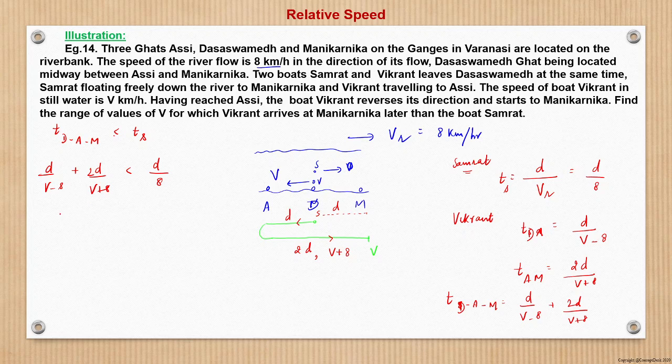So it becomes V plus 8 plus 2V minus 16 upon V square minus 64 is less than 1 by 8. So this becomes 3V minus 8 multiplied by 8, so 24V minus 64 is less than V square minus 64. 64 gets cancelled. So basically it becomes V into V minus 24 is greater than 0.